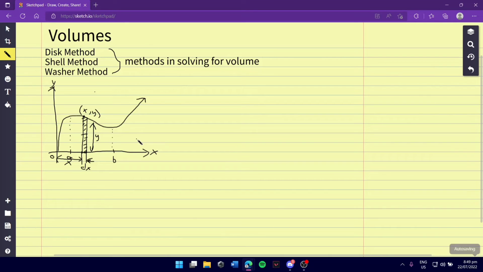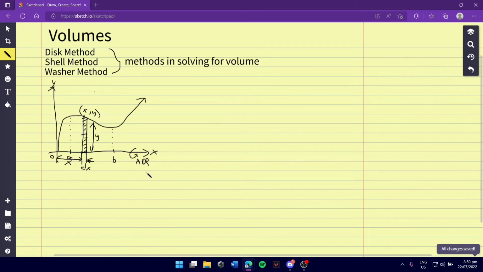In the disk method, we have here your axis of rotation. So it is rotated in the x-axis. This is your AOR.